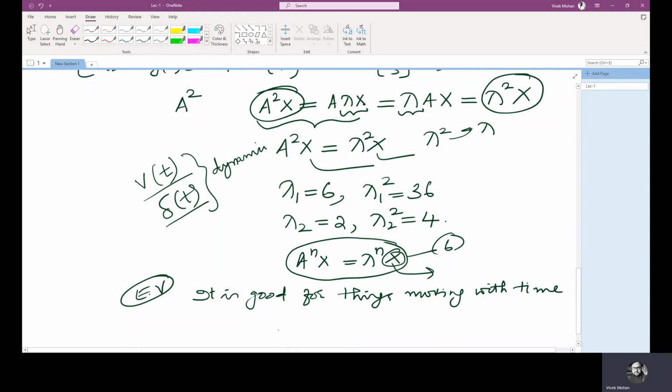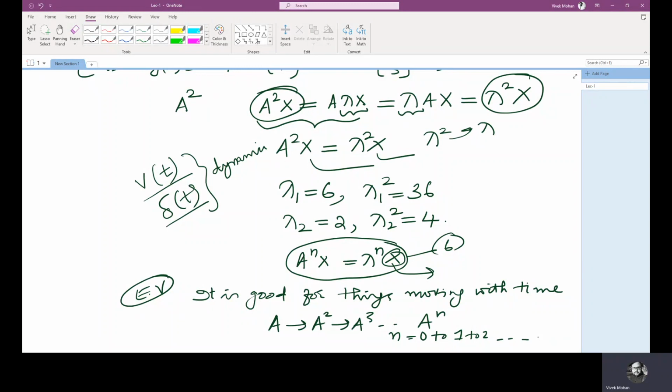Now, when we convert A to A squared to A cube, etc., A raised to n, what happens here is n is moving from 0 to 1 to 2, etc. So this is actually like each time we are taking one more step with respect to time. So our operating point itself may change.